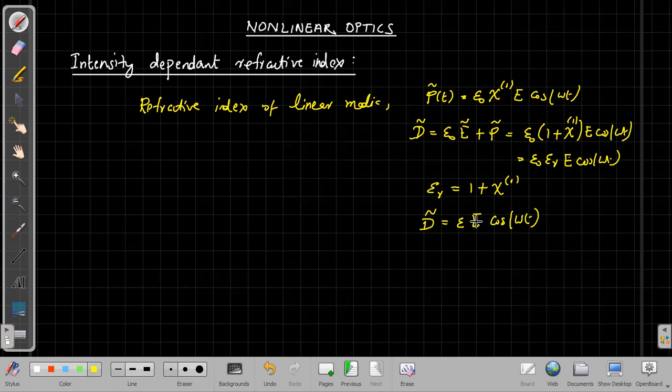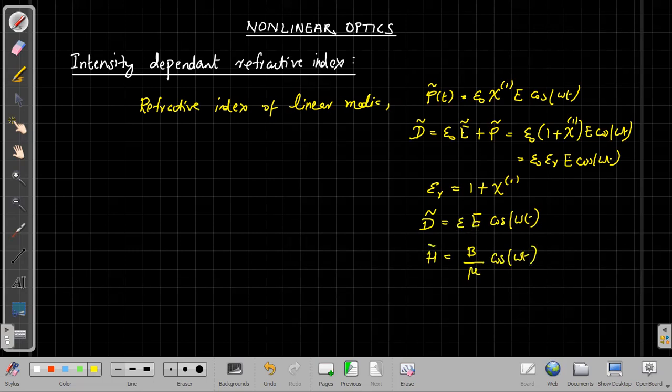Similarly, we can find the relation between H and B, and we find that H is equal to B by mu, times cos omega t.